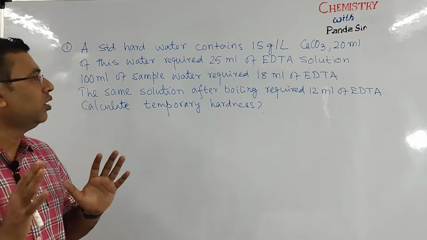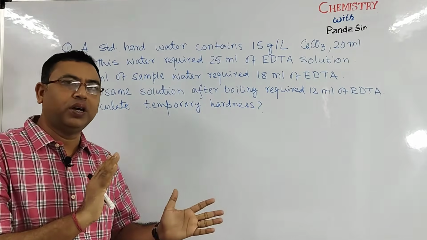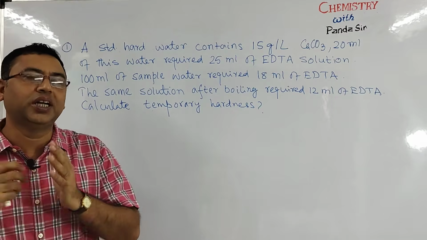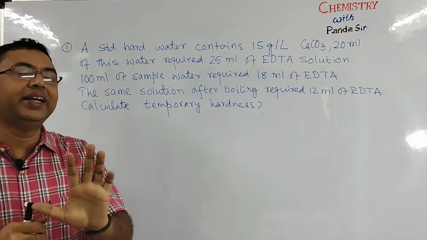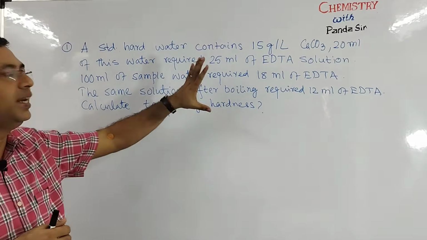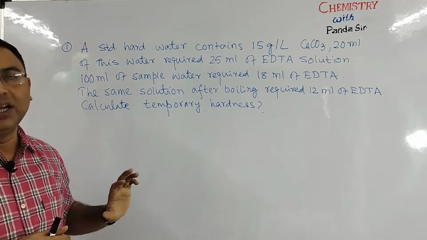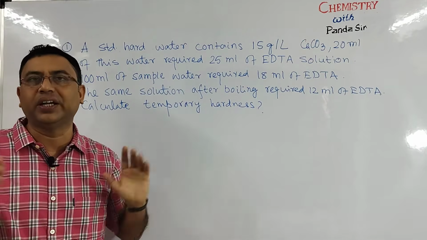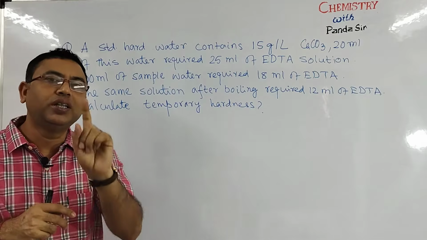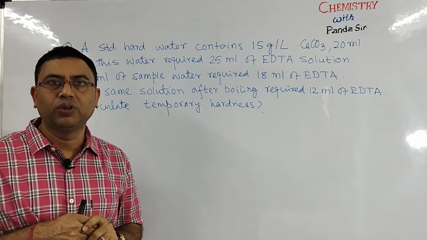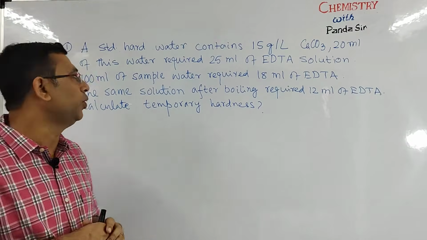Okay, so now after discussing the theory part, the steps involved to solve this kind of numerical, we have landed at the last part of this discussion, and that is to take a real numerical. Mind you, you will find similar wording in almost all the numericals. The wording remains the same, only the values change. Everything remains the same. Okay, so let's quickly do it.